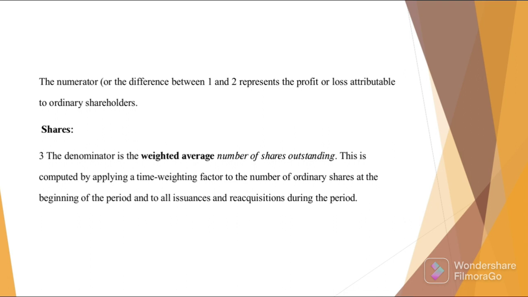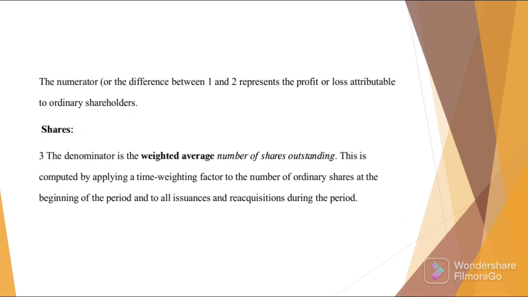Ang outstanding shares naman ay nakukuha gamit ang formula na IS plus SS minus TS equals outstanding share, or pinaikli lang na issued share plus subscribed share minus treasury share is equals to outstanding shares.